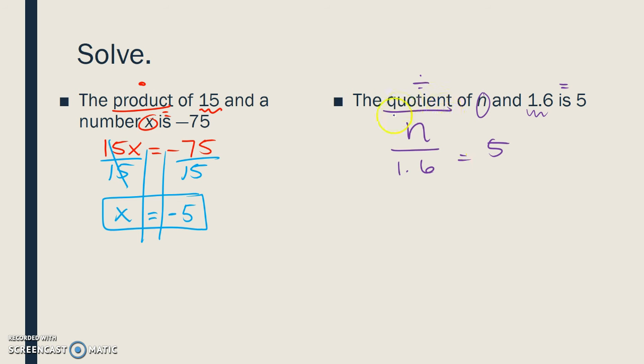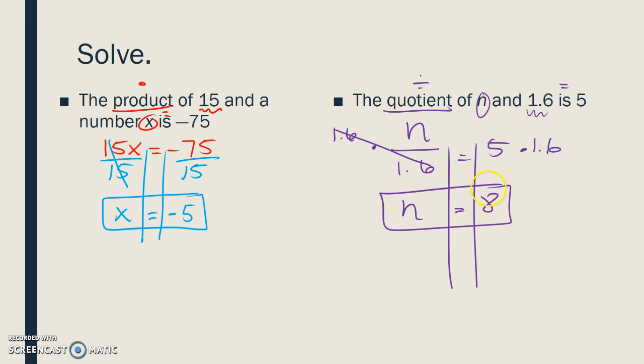Just be aware that you're going to see this setup more often. So here, in order to get n by itself, we need to undo division with multiplication. So I'm going to multiply by 1.6. And I'm left with n equals 5 multiplied by 1.6, which should be 8. So n equals 8.